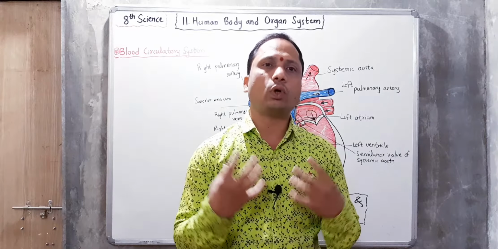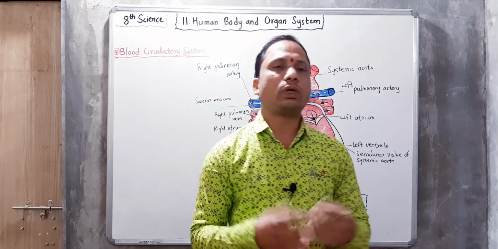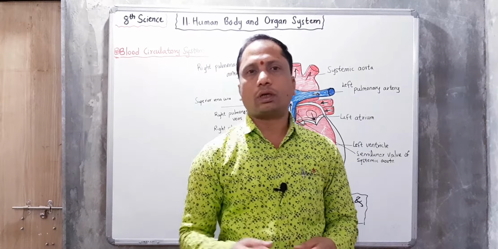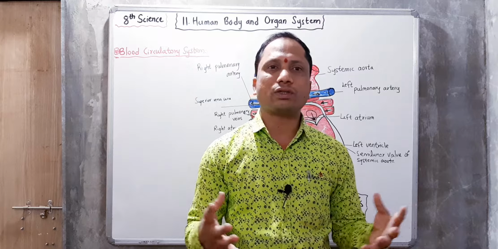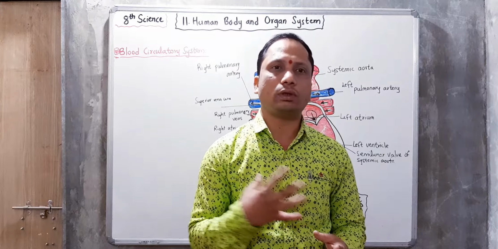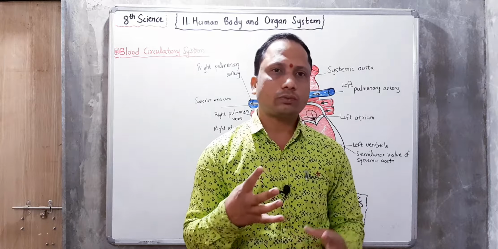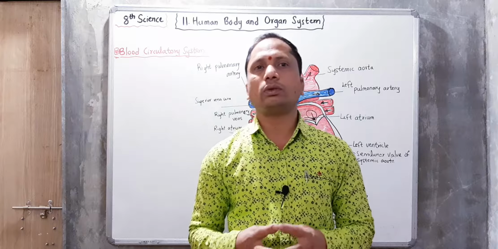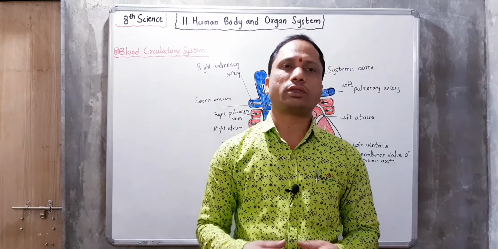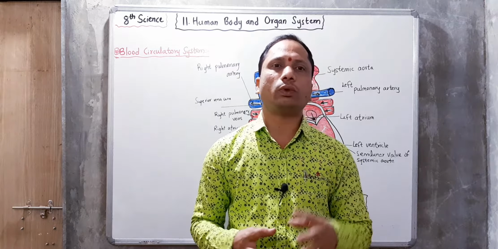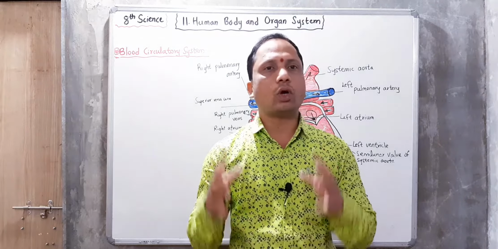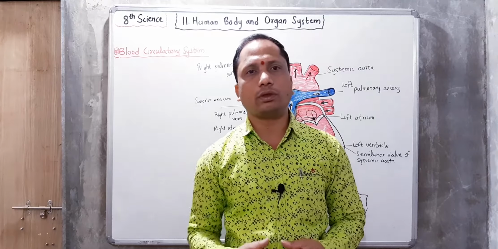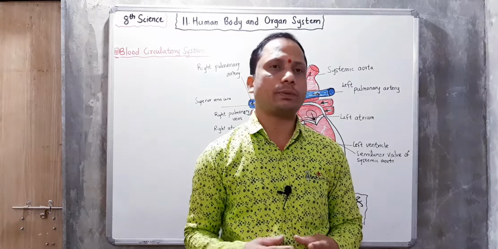In blood circulation there is contraction and relaxation of the heart. One contraction and relaxation gives one heartbeat. In a normal healthy person there are 72 heartbeats per minute.